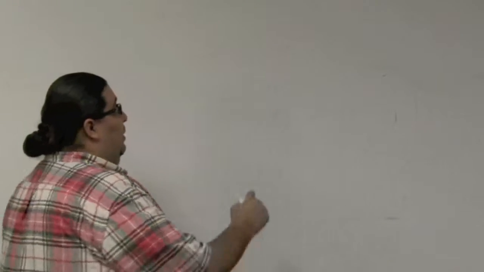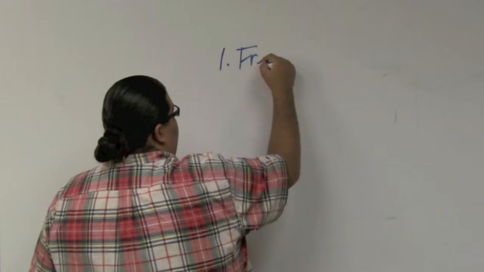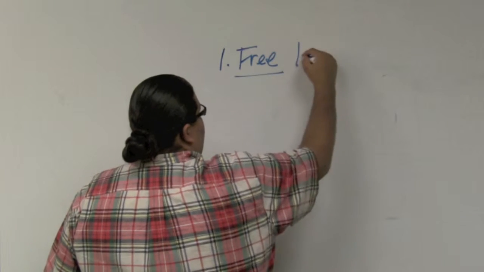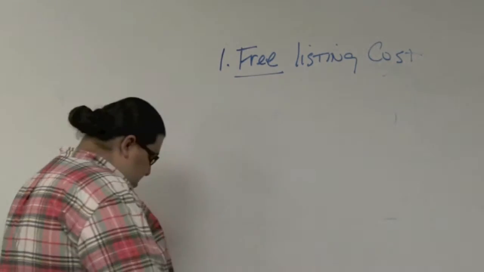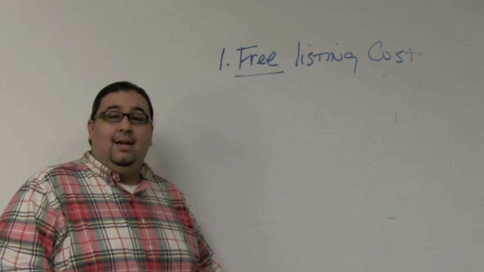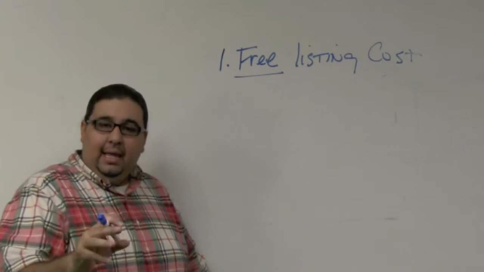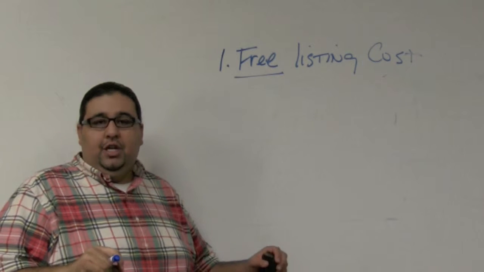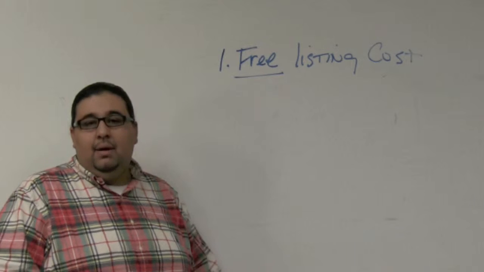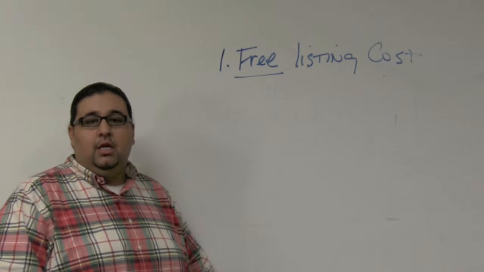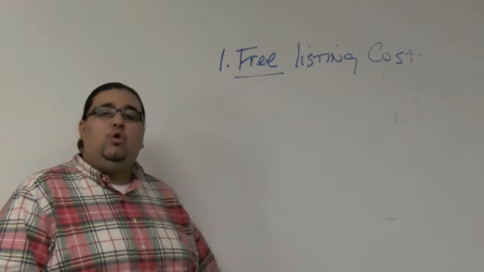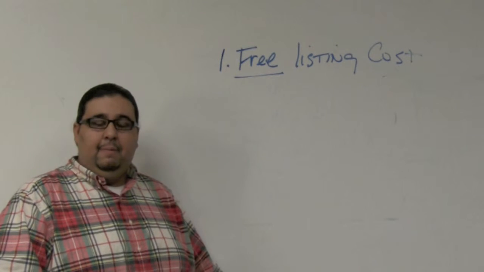Probably the most important thing that I can point out about a Google Map listing is that it's a free listing at the moment, and I don't know if this model is going to change. It seems like in the upcoming years it may, but at that point the entire search world will start to change. But at the moment, to list in Google Maps is a free listing.